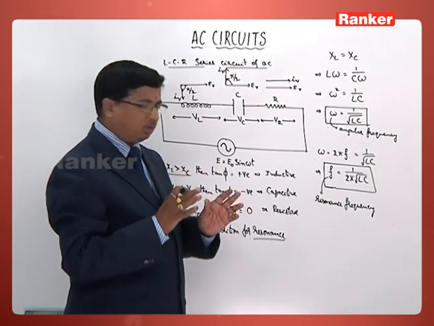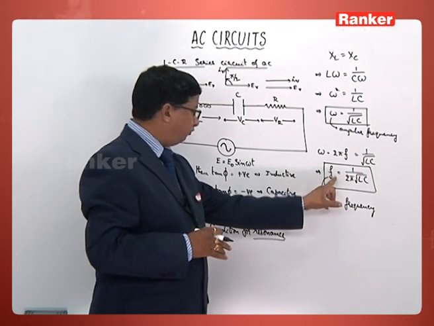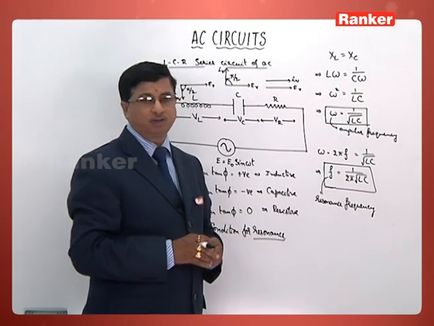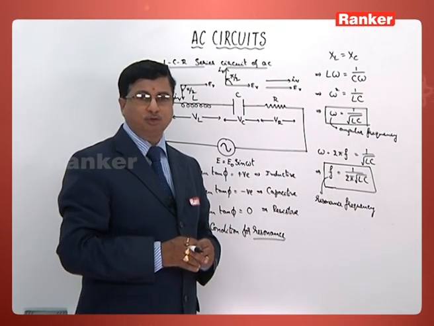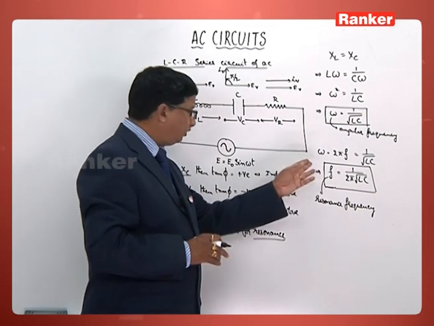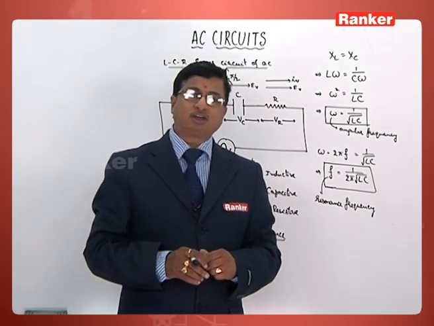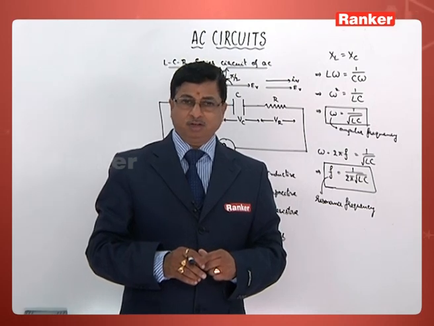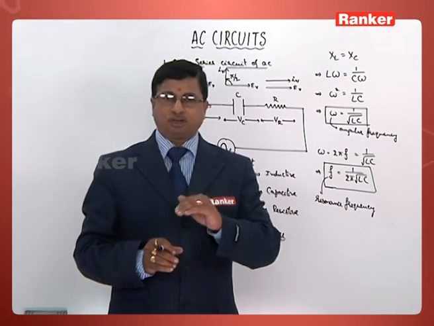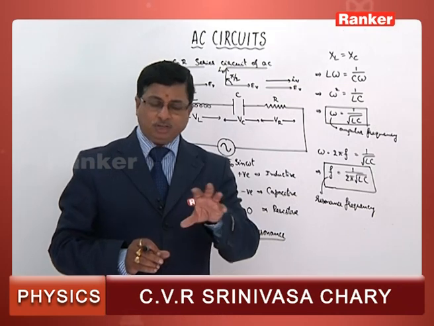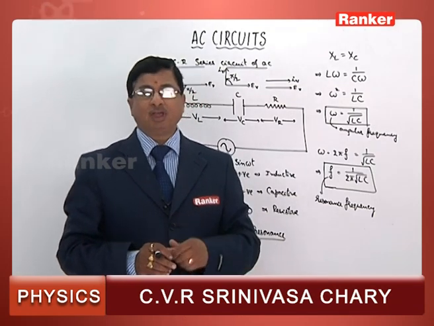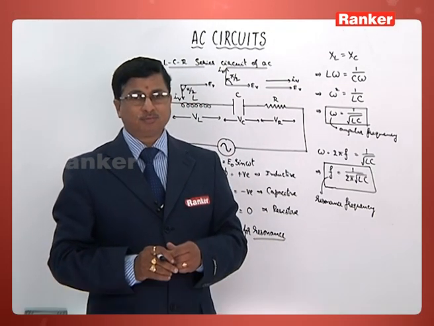And most important of all is this formula for resonating frequency of an LCR circuit. In fact, this is the one which can give us an idea that an LC circuit, or CR circuit, those things we can use as resonance circuits.